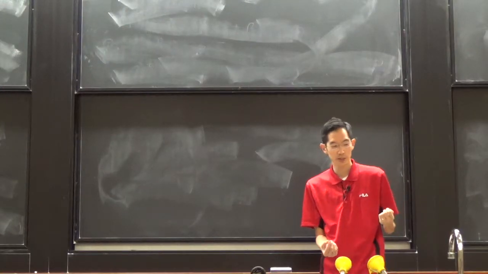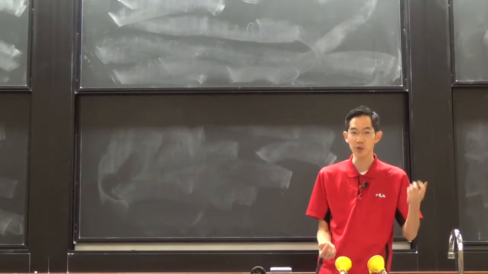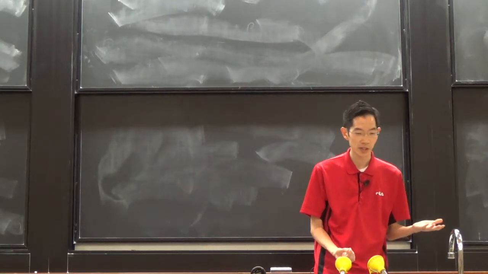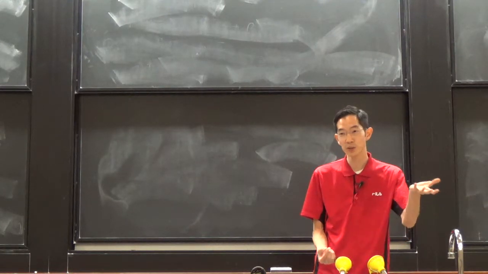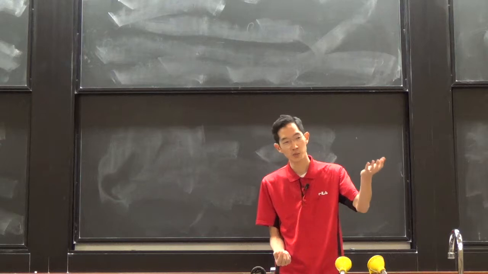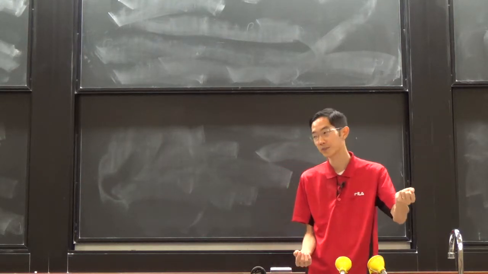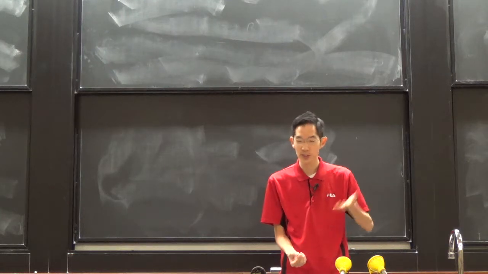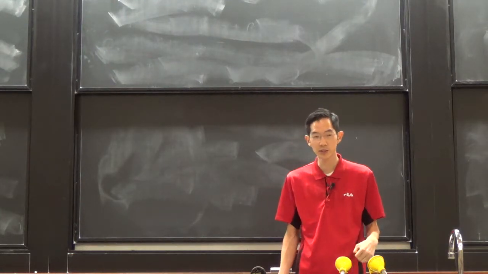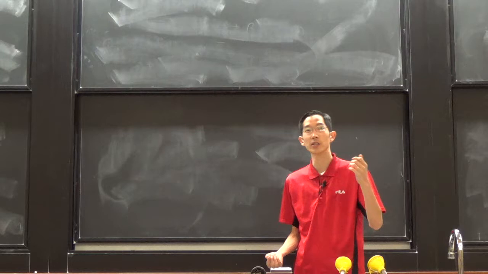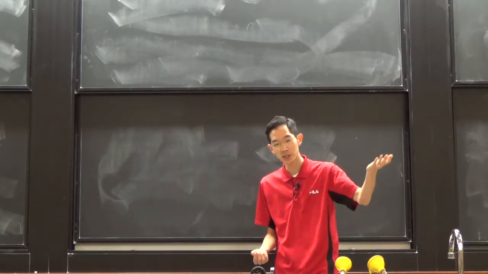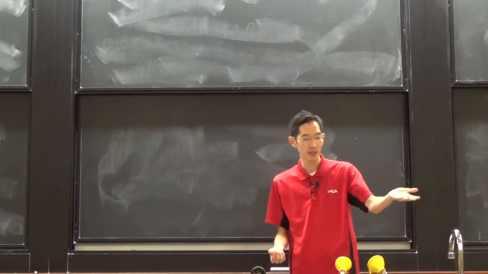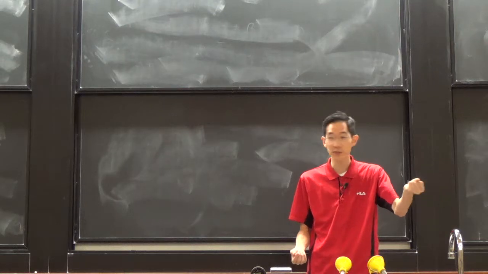A very simple example is we can flip a coin, and we understand that the chance the coin will land on heads is 0.5. Even though we have no idea whether the next coin flip will be heads or tails, we understand that the chance that it will land heads on the next coin flip is 0.5.